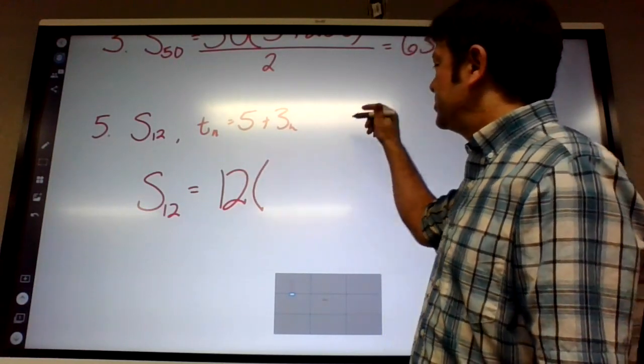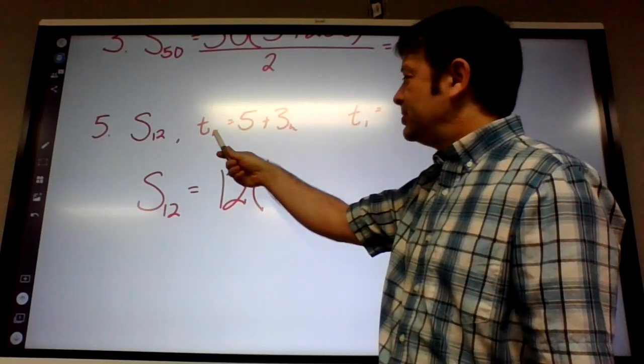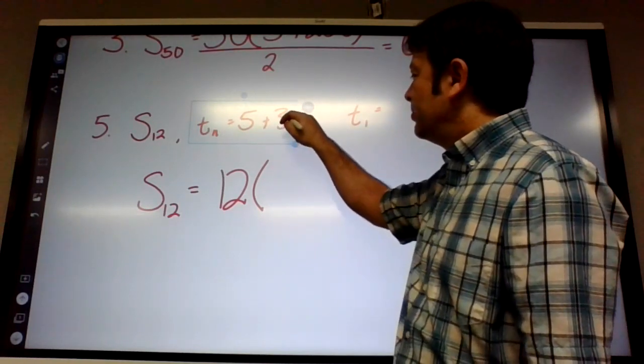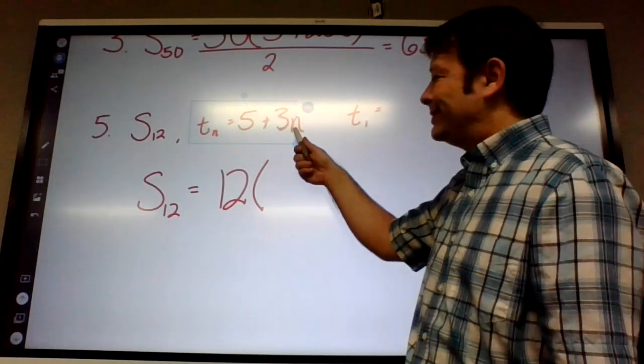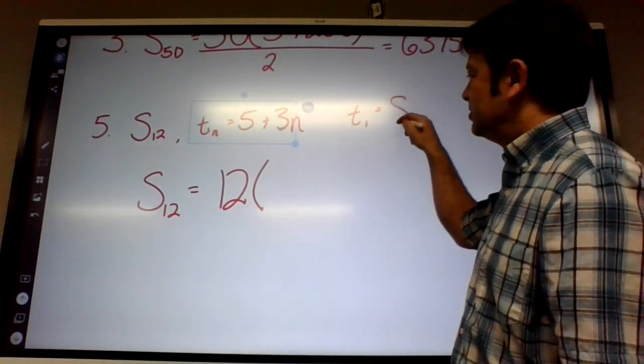Okay, the first term is going to be t sub 1, which means, how do we get t sub 1? We plug in 1 for n. So yeah, 5 plus 3 times 1 is 8.